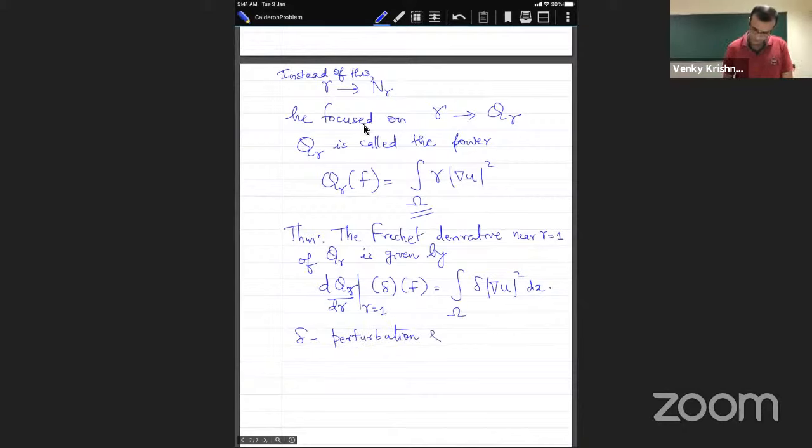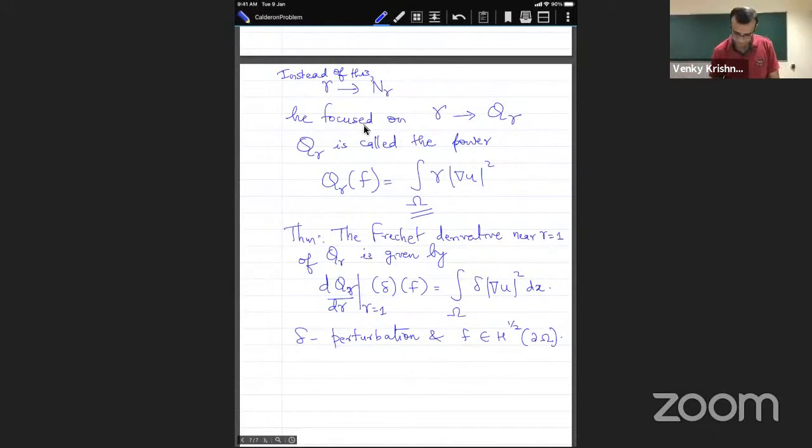And f, you can think of this as the Dirichlet data. If you are familiar with Sobolev spaces, you can think of this as an f in H half of the boundary of omega. If you are not familiar with Sobolev spaces, no issues. You just think of a function f on the boundary, right?